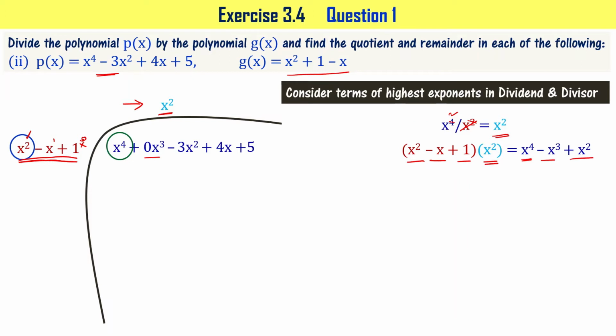Now we have to subtract this particular expression from the dividend. When you do that, I'm changing the signs. This is plus x power 4, that's why I'm making it minus. And this is minus x cube, that's why I'm making it plus x cube. And this one is plus x square, that's why I'm making it minus x square.